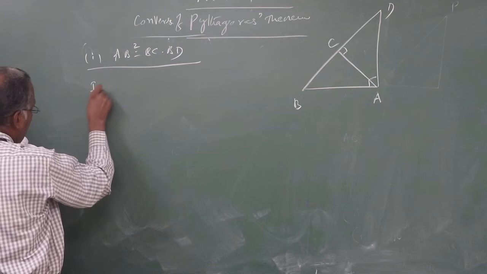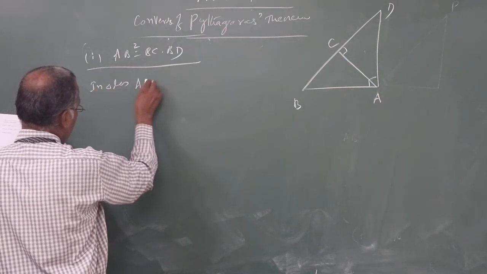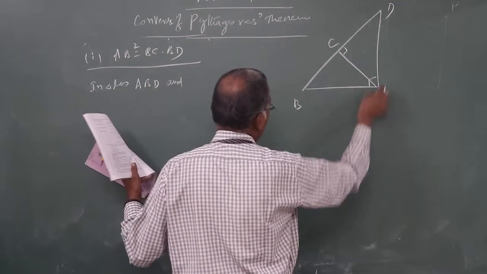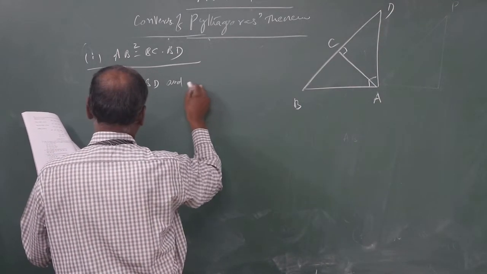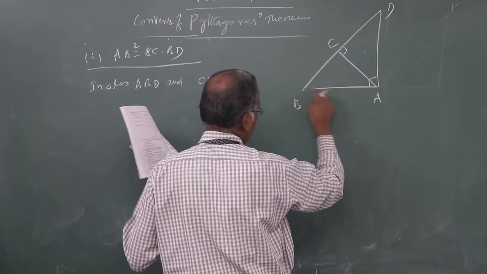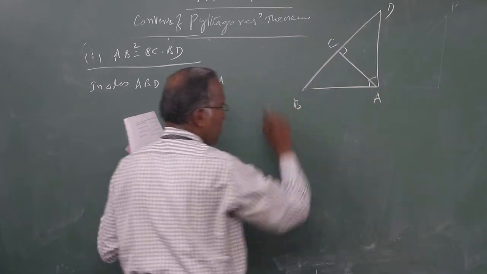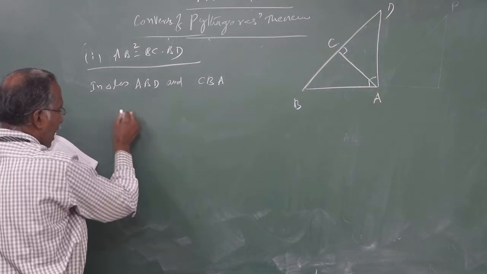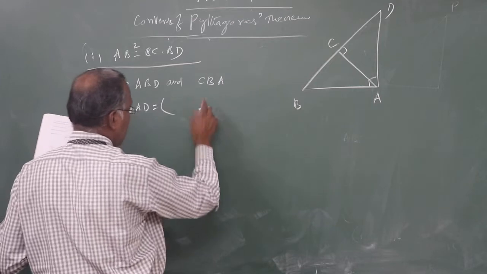Which are the two triangles you have to take here? A, B, D, and C, B, A. When I am comparing CBA with ABD, angle B is common. So let us compare the angles here. Angle BAD is equal to 90 degrees.